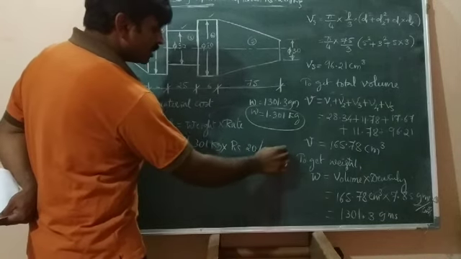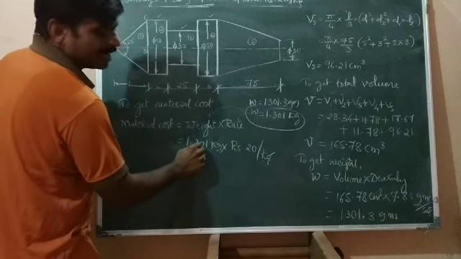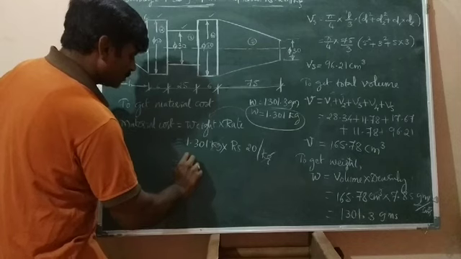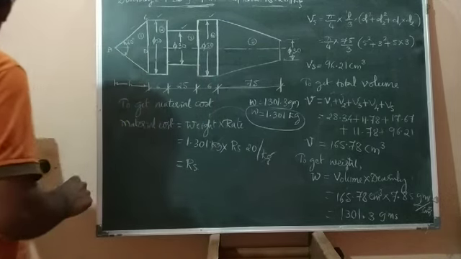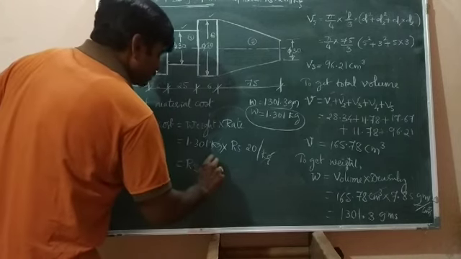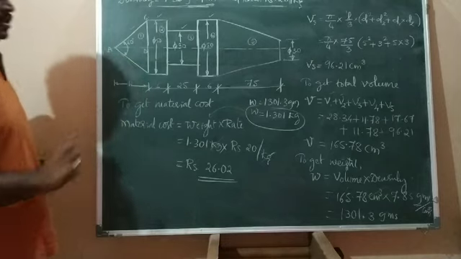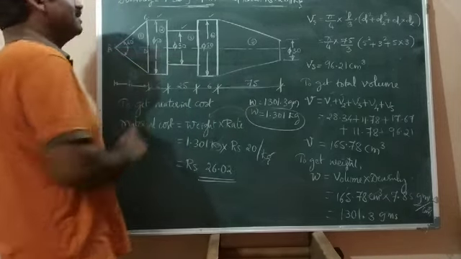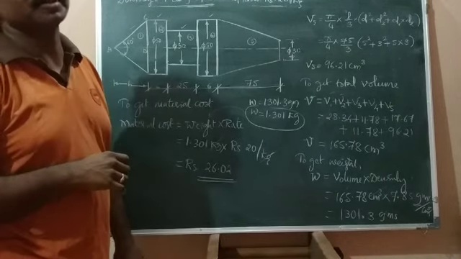Now surely kg will get cancelled. So multiply 20 and this particular factor. So we will obtain the cost here, rupees 26.0. So this is the material cost of a lathe center. We'll discuss one more problem in the next video. Thank you.